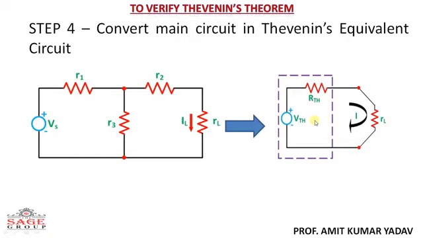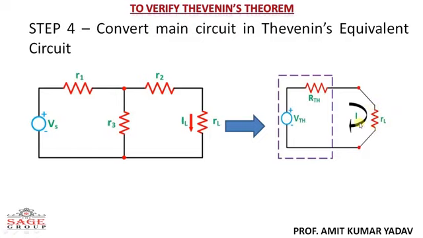In the Thevenin equivalent circuit, you have a VTH and RTH, both connected in series, and this connection of RTH and VTH is connected across this load terminal RL.